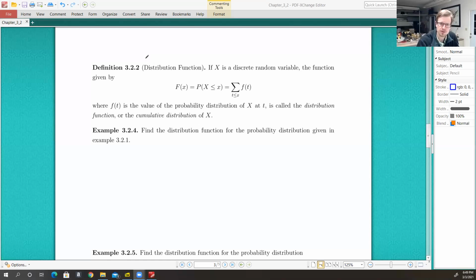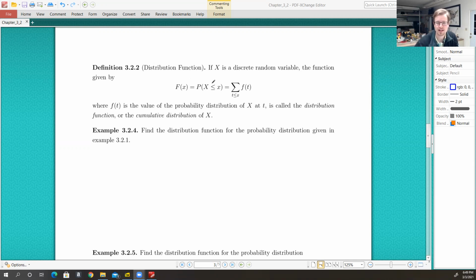So a distribution function is, if x is a discrete random variable, of course, that's the one that we're discussing, the function given by capital F of x, which is equal to the probability that the discrete random variable takes on any value less than or equal to x.